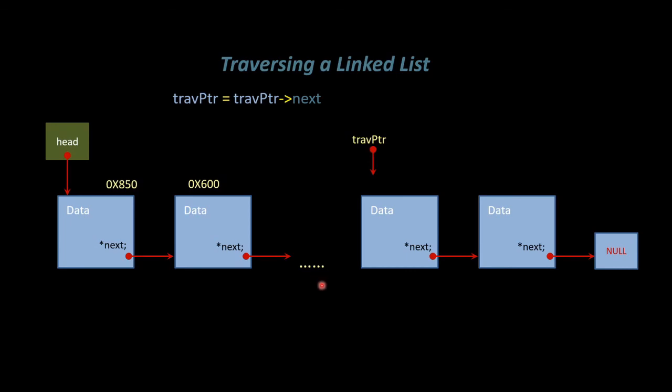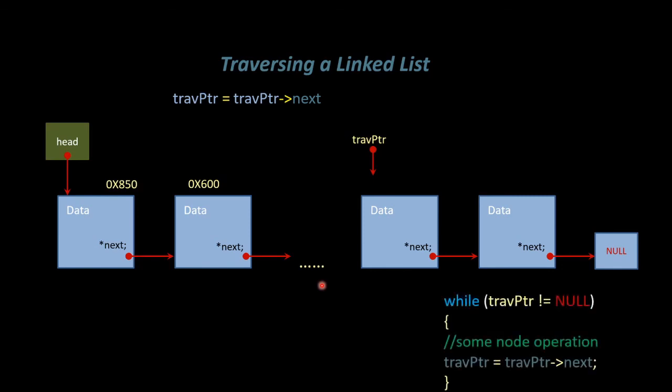The dots there just say that it's an indeterminate amount of nodes inside the linked list. Okay, so the syntax for this is: while my traversal pointer is not null, do some other operation, and then take that traversal pointer, point it to next, and assign it back to the pointer.